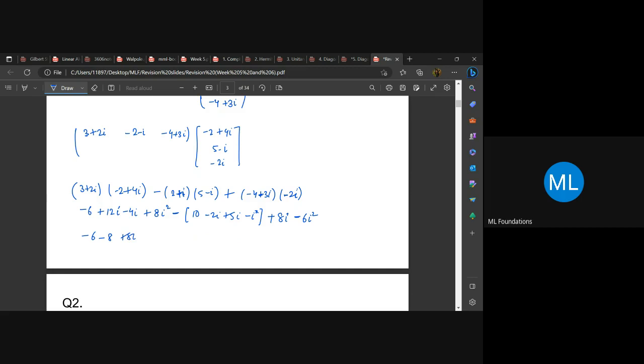Then you have plus 8i from here, right? Then i square is minus 1, so 11 plus 3i plus 8i, 6i square is minus 1, plus 7, right? It will be plus 6 at the end.